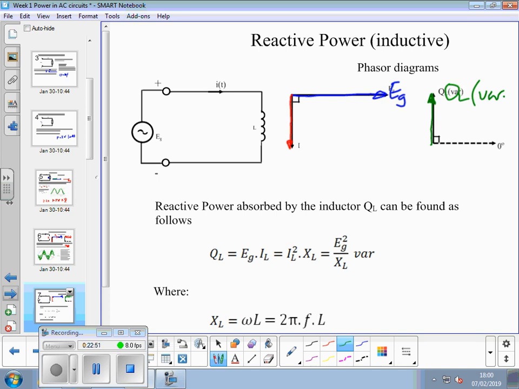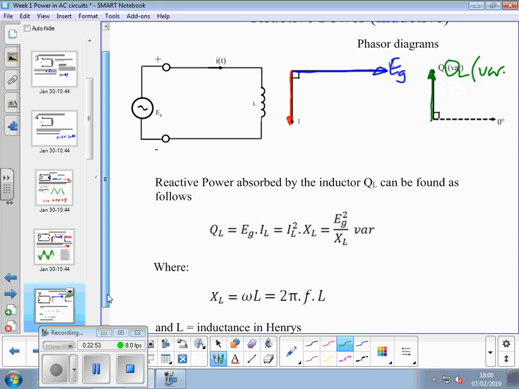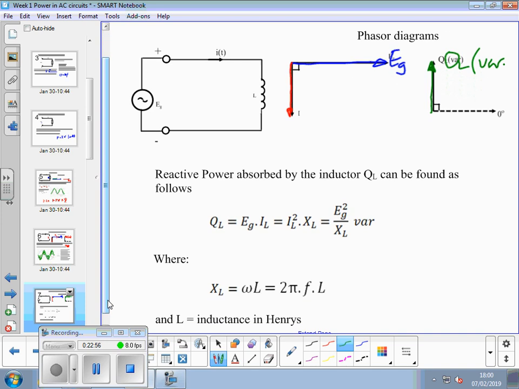We can find QL from data in a number of ways: from the generator voltage, if that's the only load, times the current.